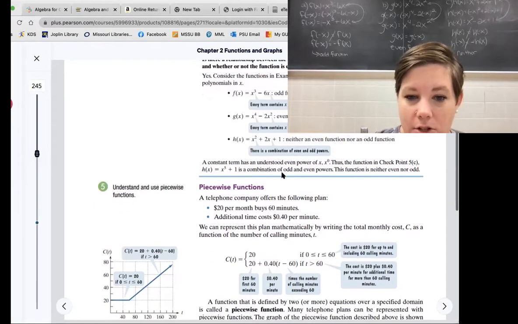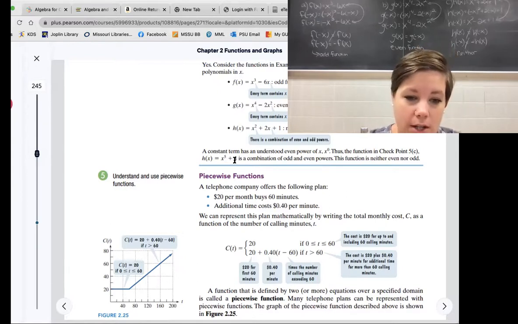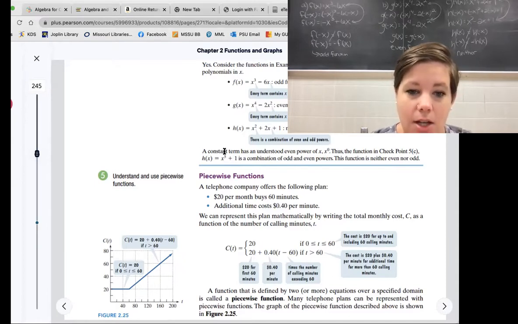It says the constant term is understood as x to the 0, and so it works. This is where you have to check. It says h of x, x to the 5th plus 1, is a combination of odd and even powers, because the 1 is understood as x to the 0, and 0 is considered even, and 5 is odd, so that would be a neither function.